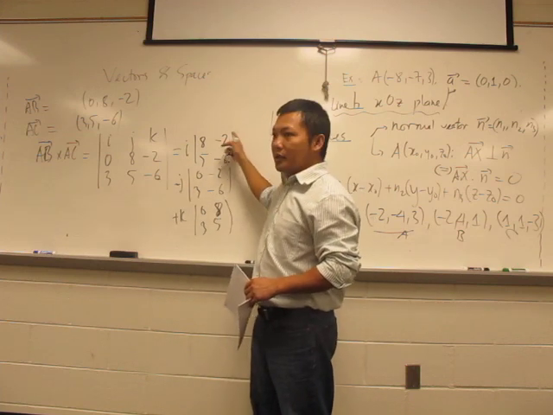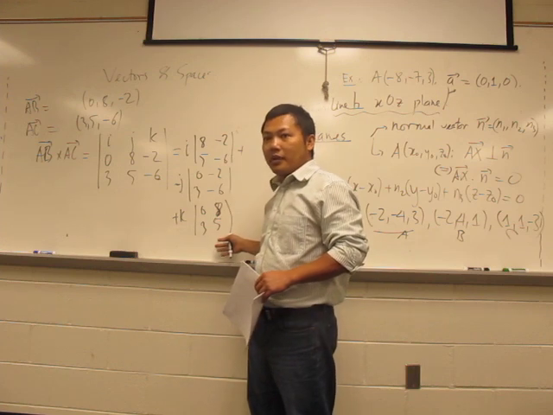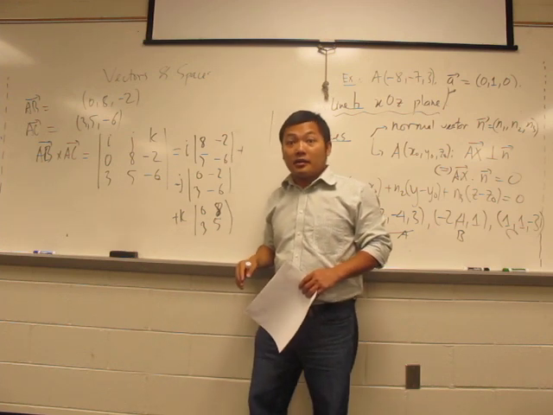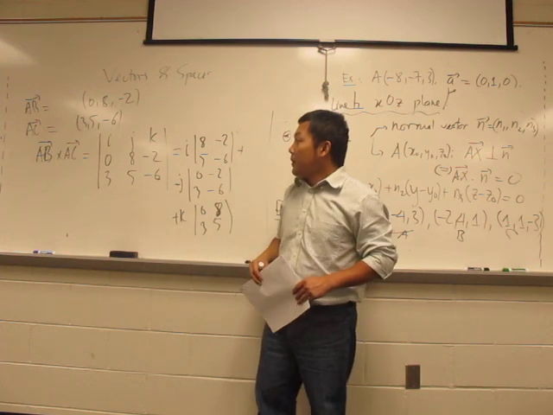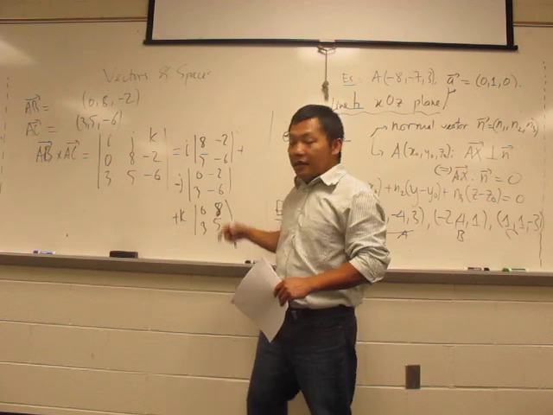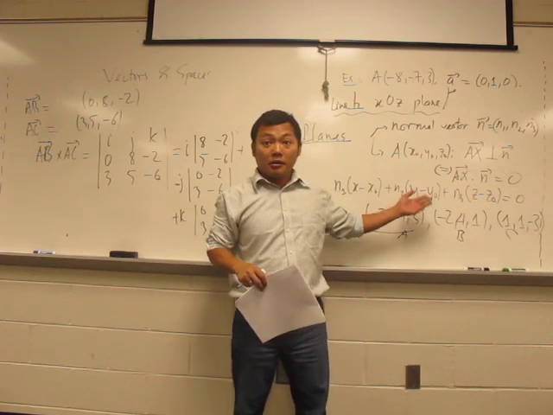So you find the determinant of each minor and you get the coordinates of that normal vector. And you apply that to this equation, and you are done.